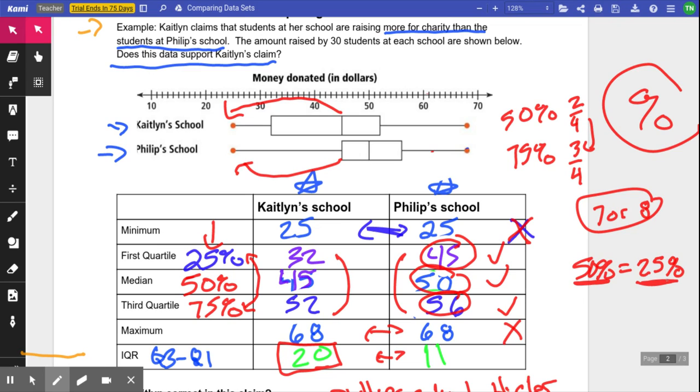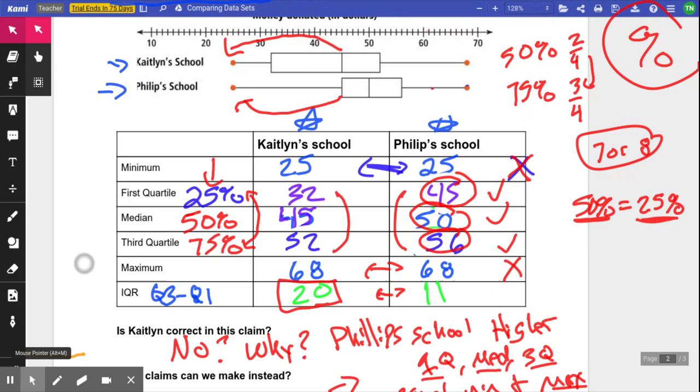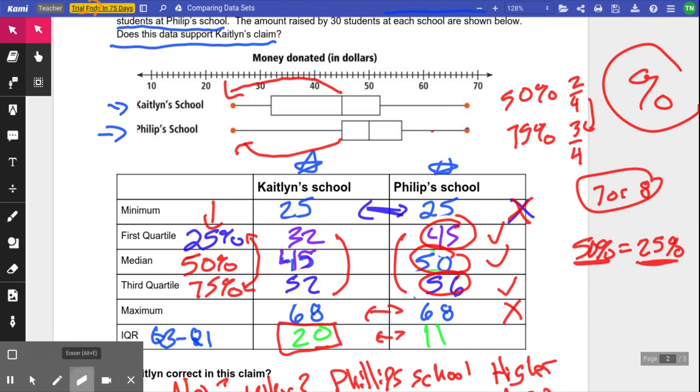I think everything is pointing in the direction of Philip's school, the students are pulling a little bit more, maybe working a little bit harder on that fundraising, and so on and so forth. I think that's definitely worth noting there, okay? So comparing those, it's very nice and convenient for finding some of those percentages, right? Can I make a claim like that?